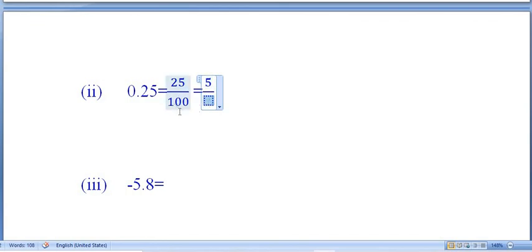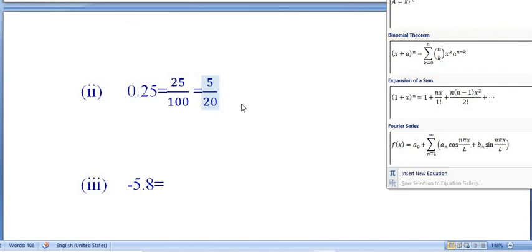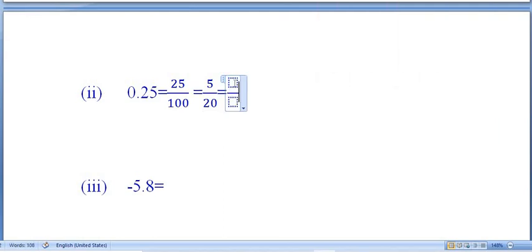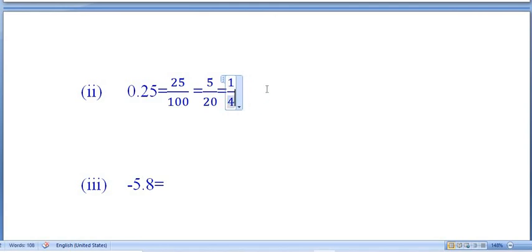If I cut this 100, 5 20s are 100, so 20. Again I can divide this number by 5. 1 5 is 5, so I can write 1 here, and here 4. So 1 by 4. What is the rational number here? 0.25 equals 1 by 4.